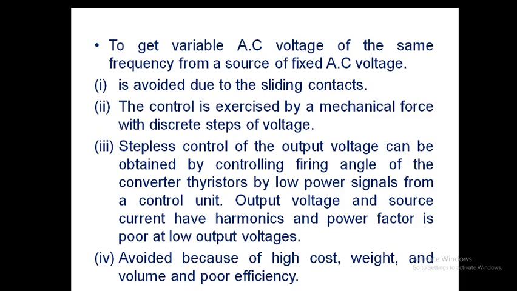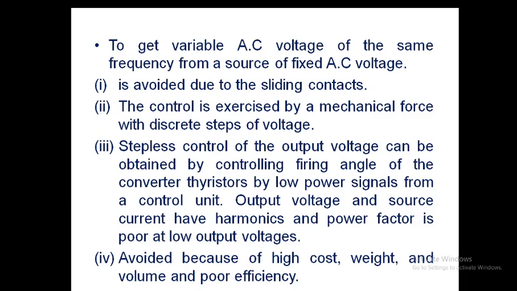The thyristor AC voltage controller gives stepless control of the output voltage because of the controlling switches, the power semiconductor devices. It can be obtained by controlling the firing angle of the converter switches, that is thyristors, by low power signals from a control circuit or control unit.